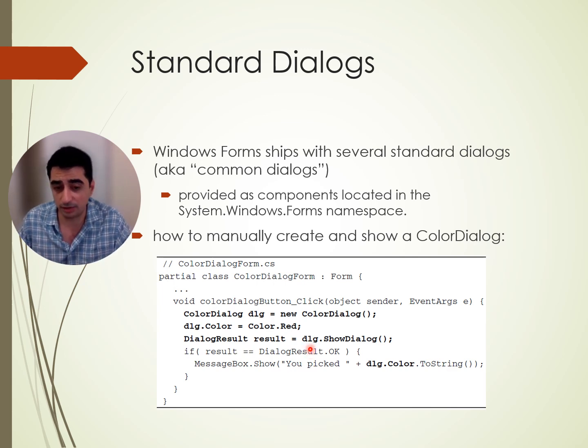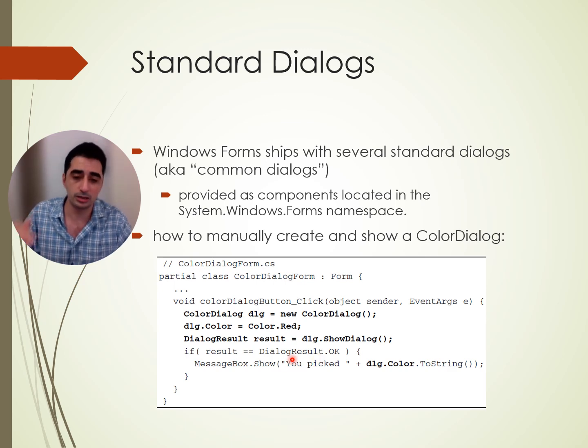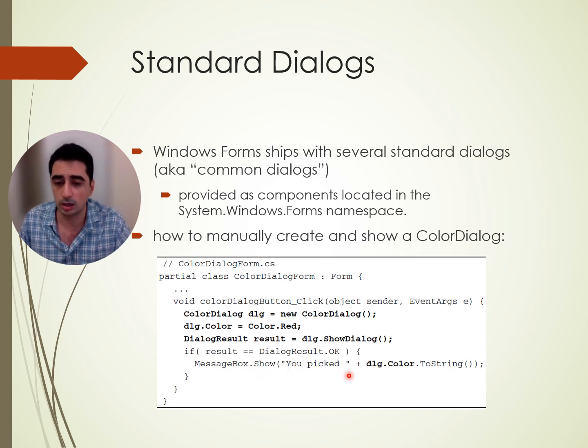I'll show you an example of how it looks in the next slides, but just to give you a complete example here, if the result that ShowDialog returns is equal to OK, which means the user has pressed OK at the end of the color selection procedure, then you're going to use the dialog color for whatever reason you want.